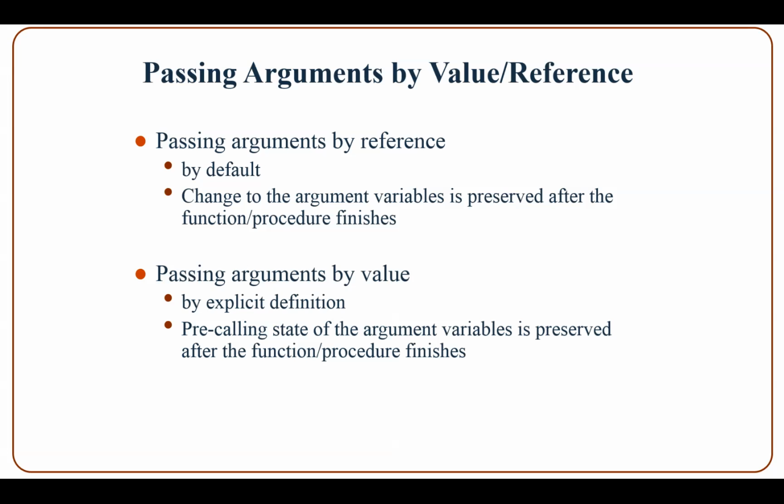With passing arguments by value, a copy of the variables is passed to the arguments, so any change to the argument variables is destroyed after the function or procedure finishes.